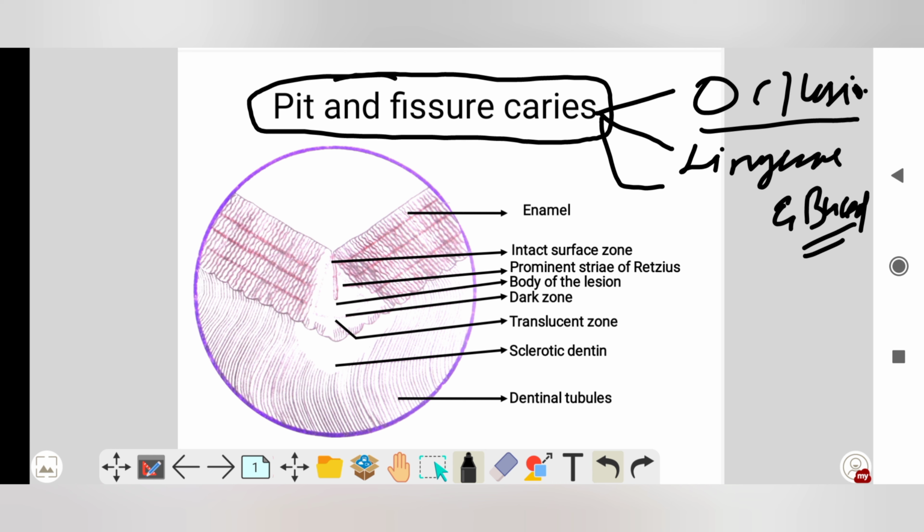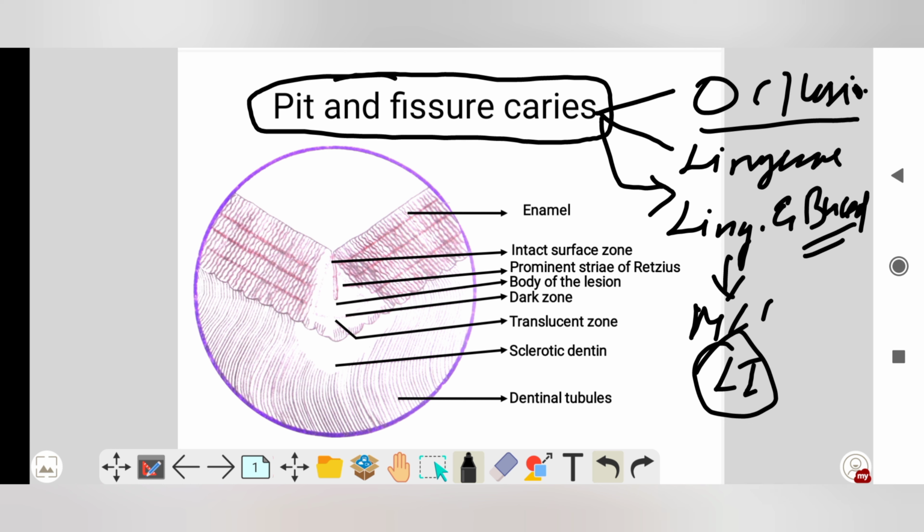Sometimes you can also see pit and fissure caries on the lingual surface of incisors, mostly the maxillary central and lateral incisors, because the lateral incisor most importantly has the palato-gingival groove, a developmental groove, and the central incisor also has a lingual pit.